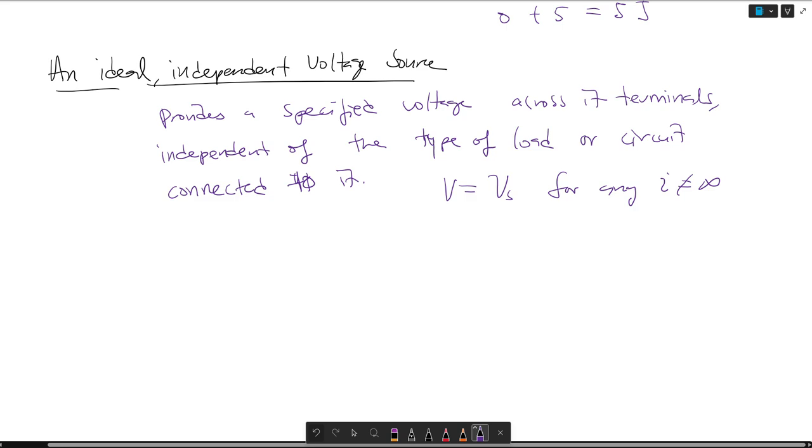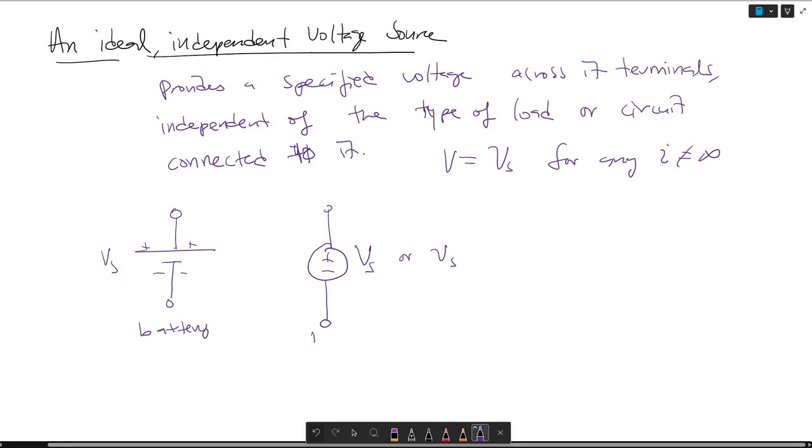And the way we should depict this looks like this for a battery. So the charges are here, plus and minus. This is Vs, or you can have it depicted like this, where it could be a capital Vs or a little vs. And this is a DC source.